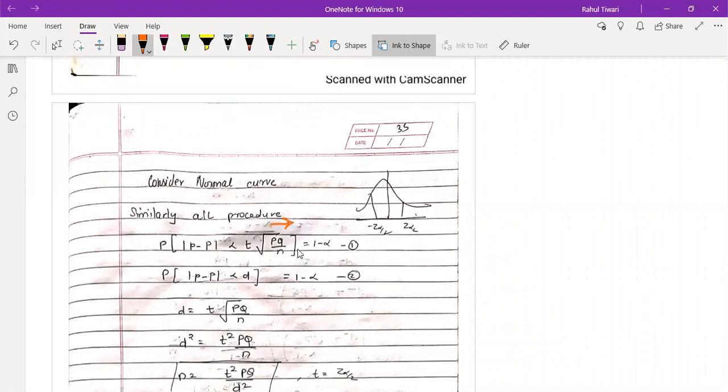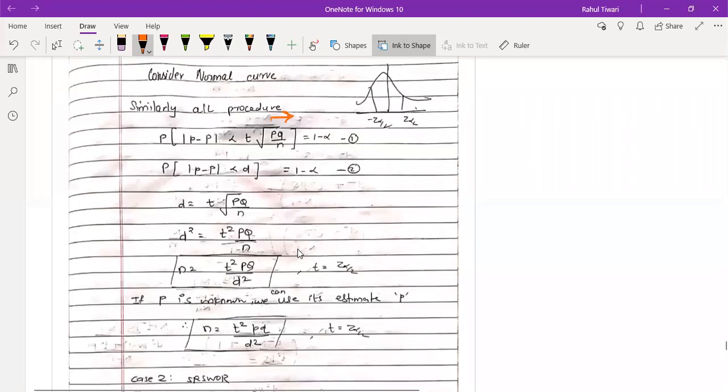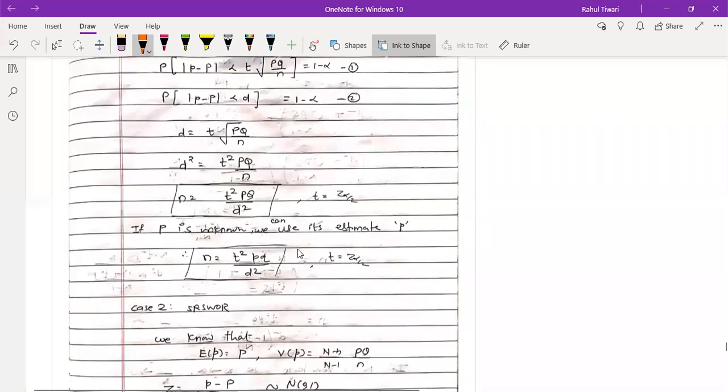You're supposed to write a few steps using expression 1. And if you compare this, your d is equal to t times square root of PQ upon n. Then you can find d square, simplify, and get the value of n from here. And if capital P is unknown, you have to use its estimate, which is small p, and then it will turn out to be this result.